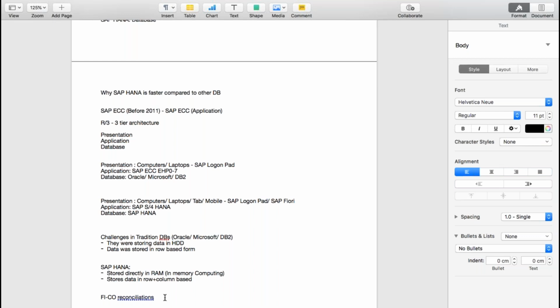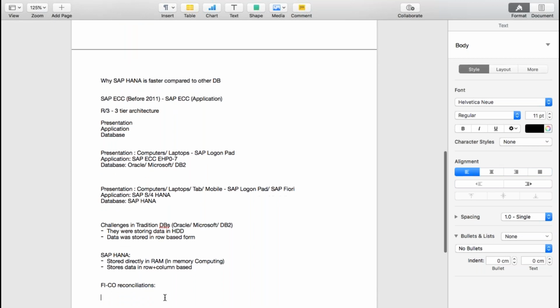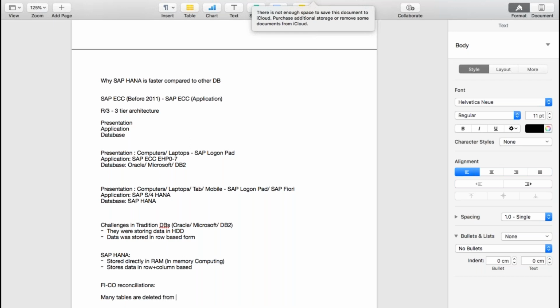FI is showing you one picture, CO is showing you a different picture, and you need to verify which is wrong and which is correct. So in order to avoid that, SAP reduced many tables. Many tables are deleted in SAP S4HANA. This is another change. Many tables are deleted from SAP FI and SAP CO.